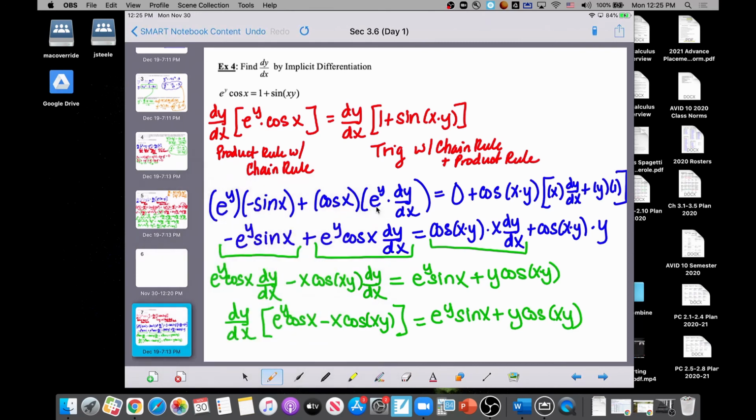So once again, my final answer here, I'll put it up at the top, is going to be dy dx is equal to, my numerator will be e to the y sine x plus y cos xy, and my denominator will be e to the y cos x minus x cos xy.